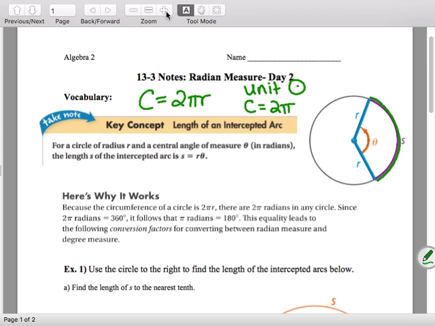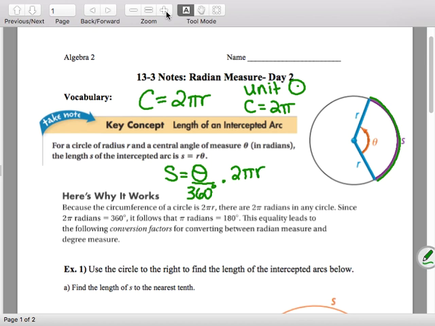How many degrees go around a circle? 360. Okay, so when I'm talking about arc length, we're going to use the letter theta. If I'm in degrees, I'm going to do theta over 360 times 2 pi r.